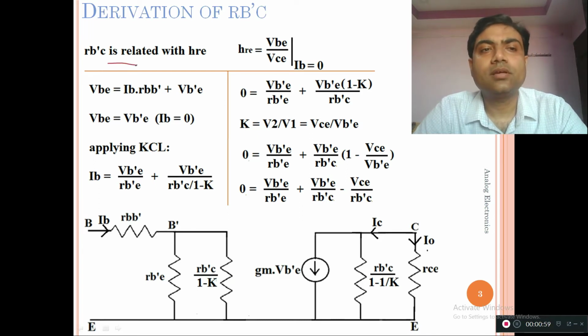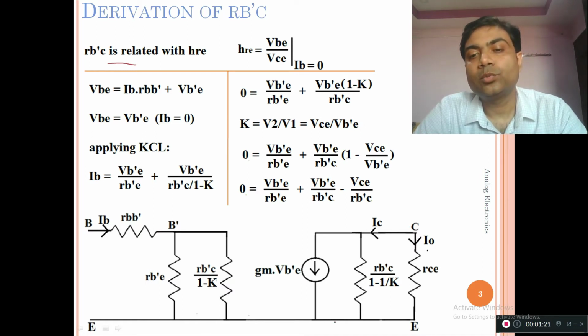Because RB'C is the feedback component which relates the output terminal and the input terminal. In the previous lecture we applied Miller's theorem to separate this component: RB'C upon 1 minus K at the input, and at the output side RB'C upon 1 minus 1 upon K, by the same Miller theorem.